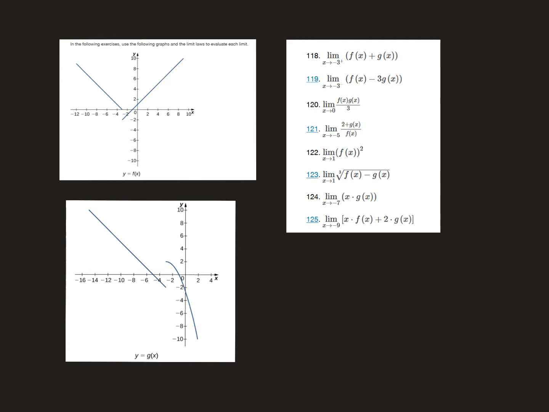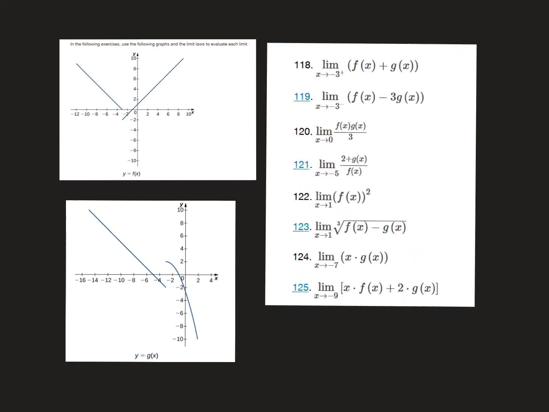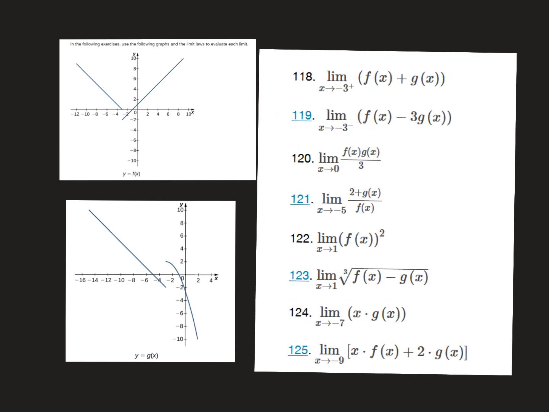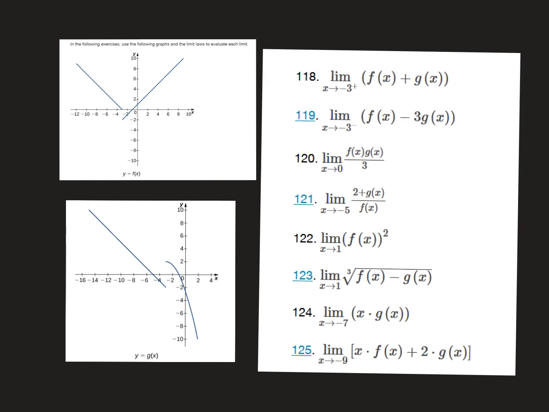So now instead of giving us some values, they're giving us graphs to deal with. And they also are throwing one-sided limits at us. So for number 118, they're asking us to find the limit as x approaches negative 3 from the right, and they're going to add the two limits. So here's f. It says negative 3 from the right.